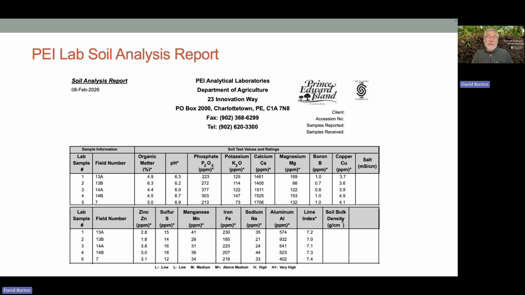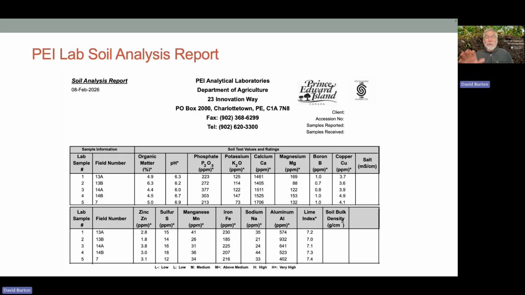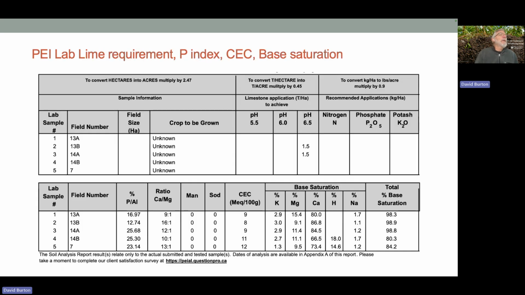They've assumed a bulk density of the soil and the depth of sampling, because they're changing a volume into an area. So again, you need to be aware of what those assumptions were and be very clear that a phosphorus content based on ppm is very different than a phosphorus content expressed as kilograms per hectare. So just know what the units are that the soil test report you're getting is expressed in.